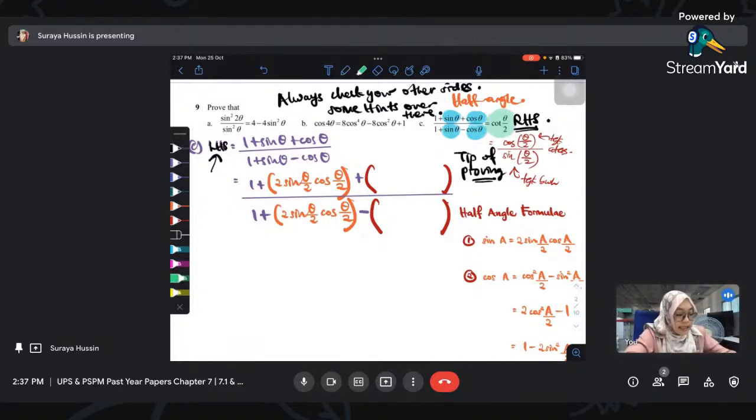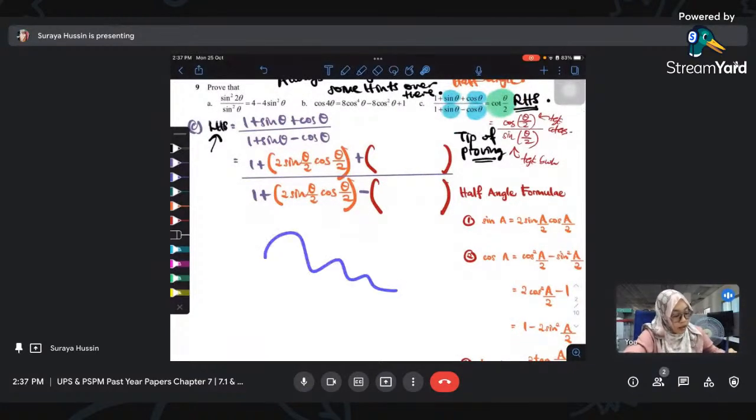Kenapa Miss kata di sini adalah hint kamu? Disebabkan cotangent. You look at here, cotangent is actually equal to cos over sine. Okay, so you know dalam calculation kamu dekat bawah ni, dalam calculation kamu akan mahu berjumpa dengan cos di atas dan juga sine di bawah.